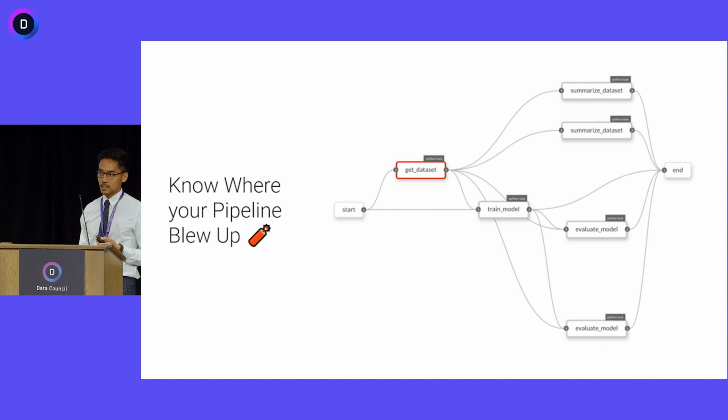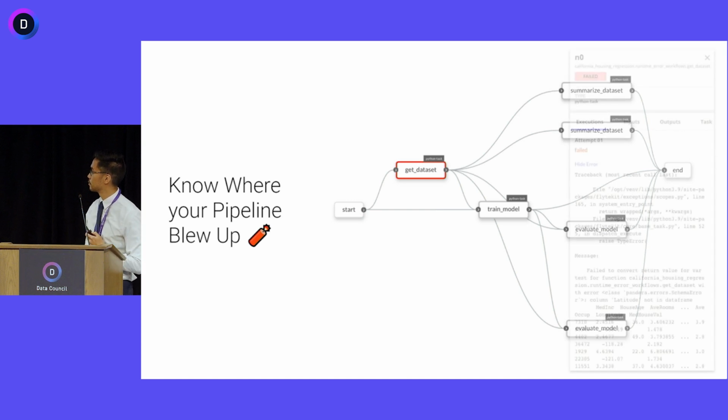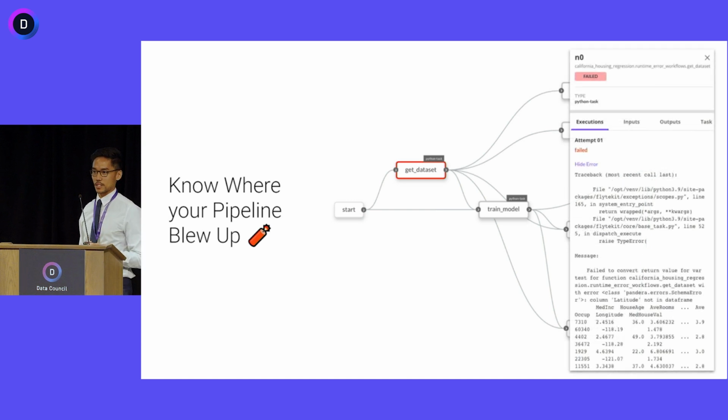But even in the case that those kinds of errors went unexamined and you've put something into production, Flyte will happily tell you where exactly that error occurred. It'll give you a nice error message. This is the same one we got locally, where I've intentionally removed this latitude column.